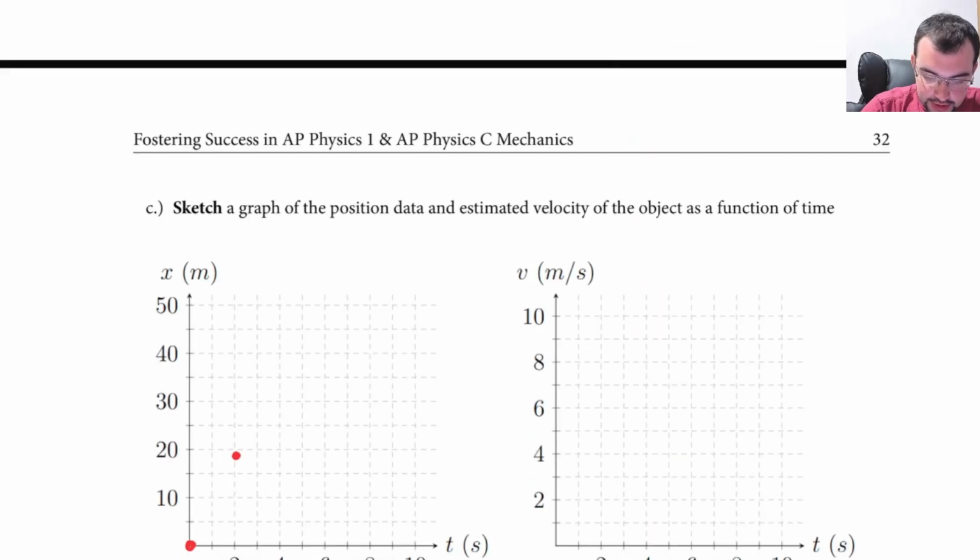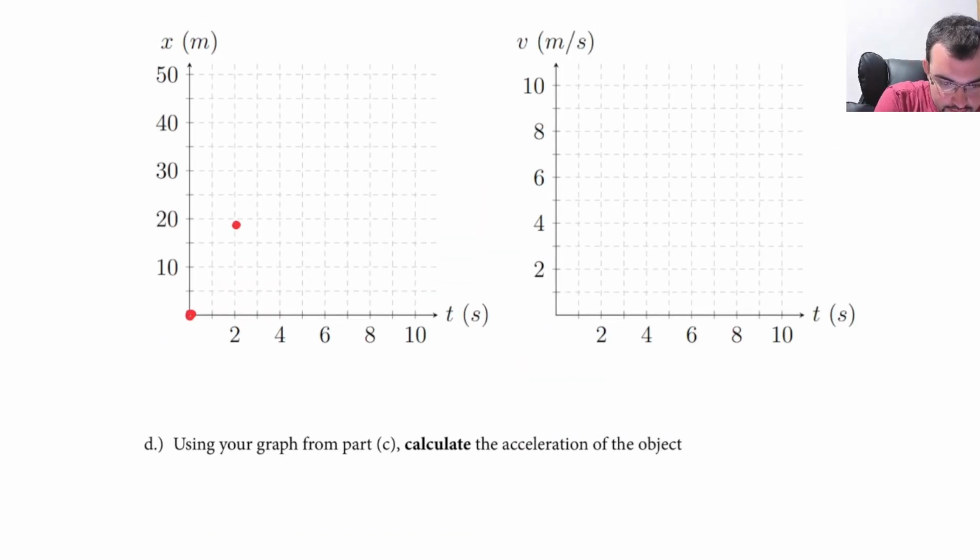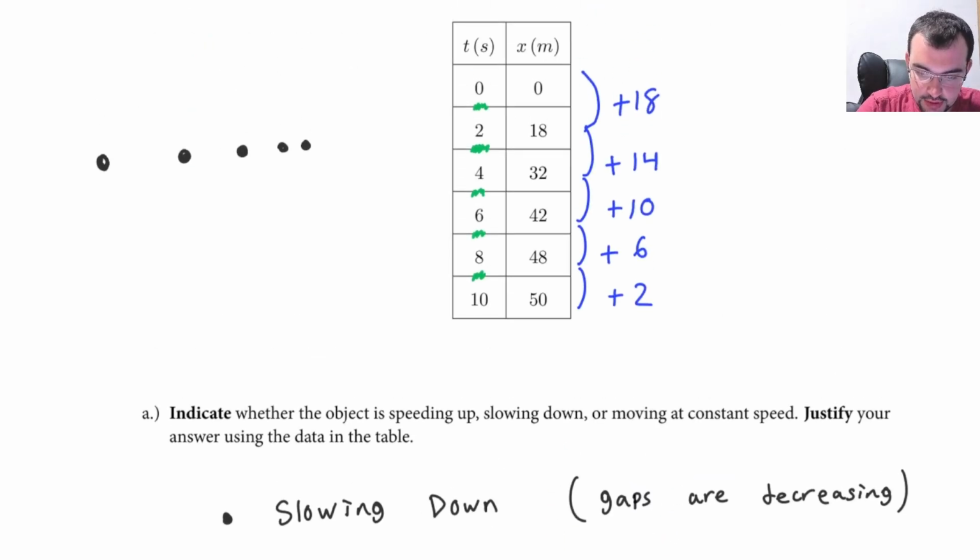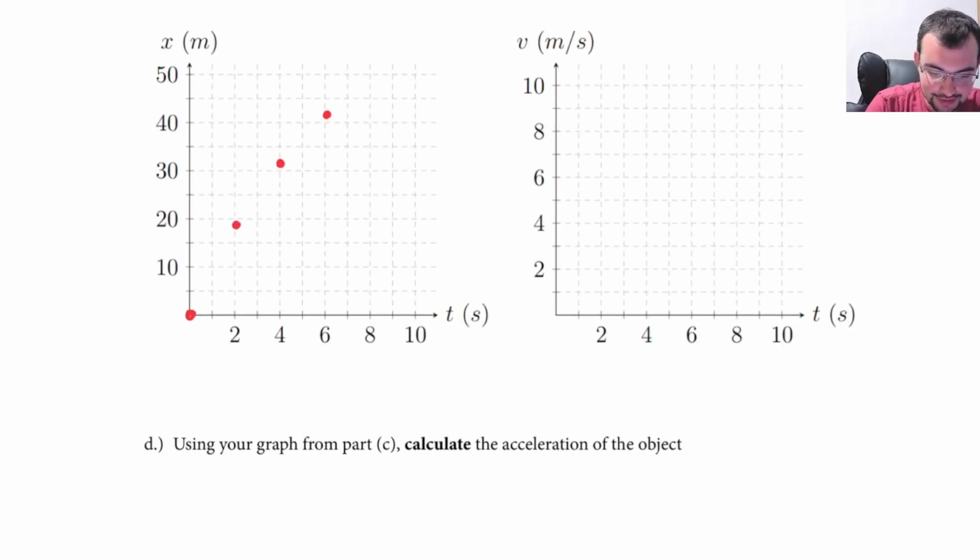Then I'm at 32, 42, 48, and 50. So we can see here, this is not an upward curve, but it's curving down. It's getting shallower, showing that slowdown.